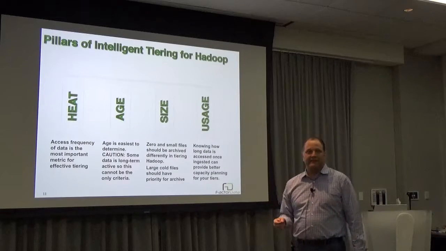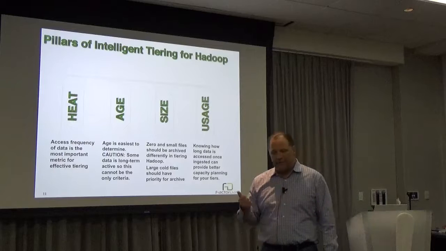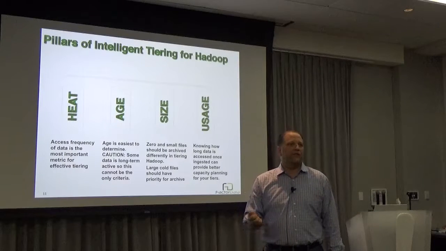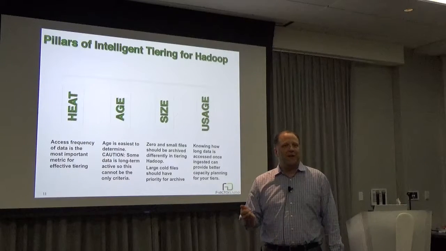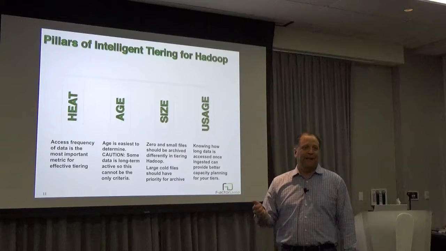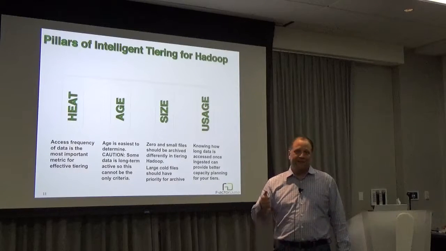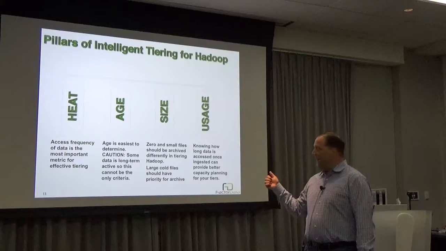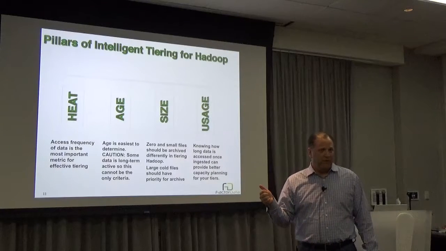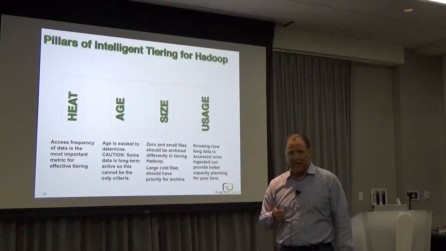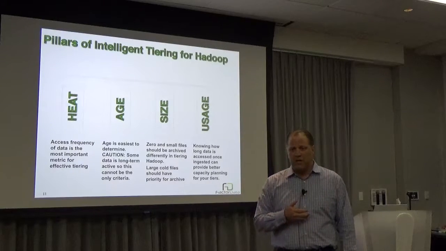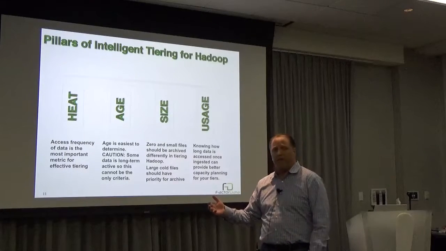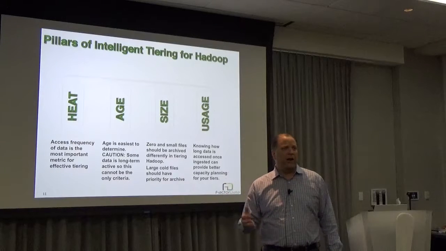And then size. Why is size important? Well, you don't want to move a bunch of 0-byte files to archive, and we've seen a lot of 0-byte files. We've seen a lot of small files, right? So knowing the size is also very important for this function. You're not going to get any benefit really from moving small files to an archive layer.